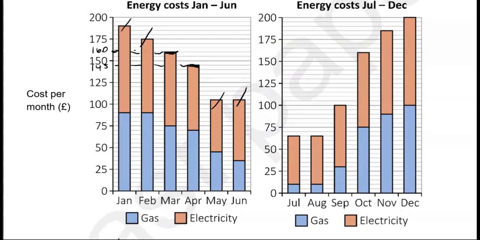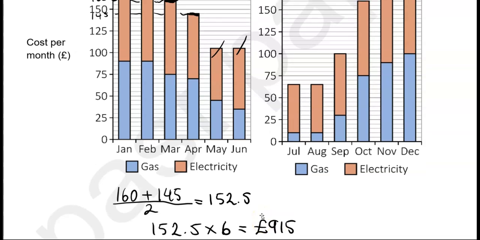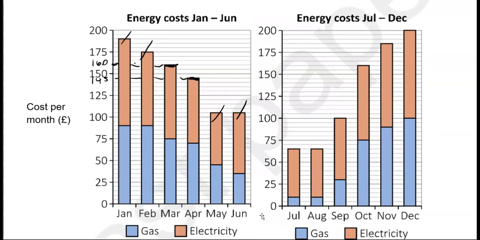If I multiply it by 6 for the next 6 months, that gives £915 in total. So let's see whether this is correct. So adding the different amounts, we get here 65 and 65.